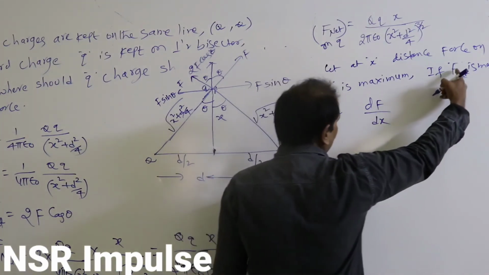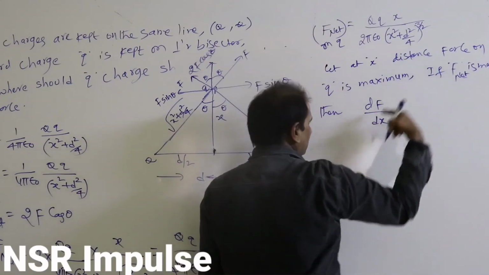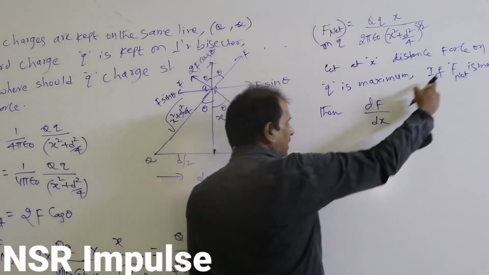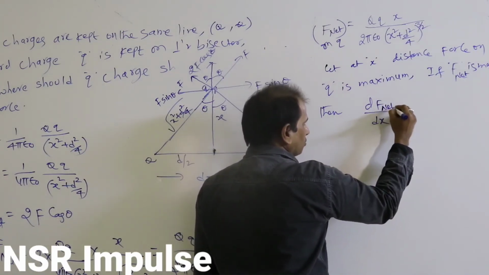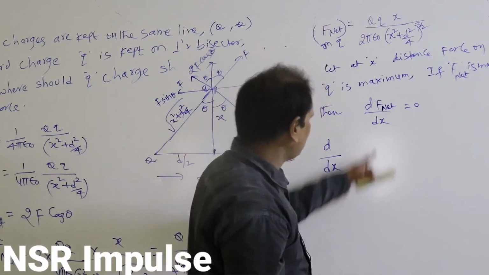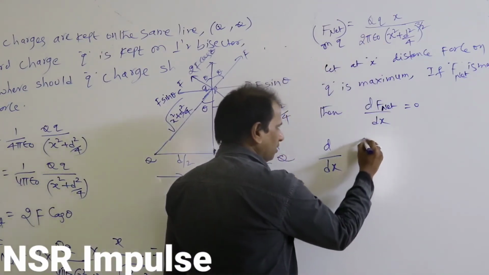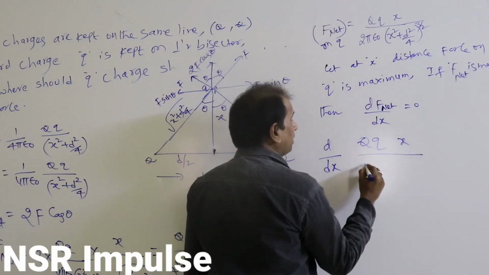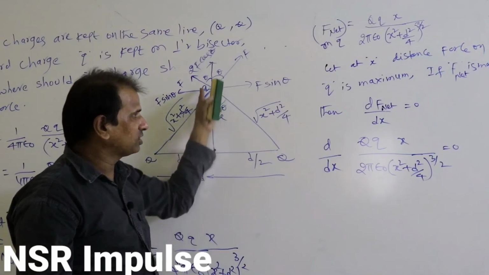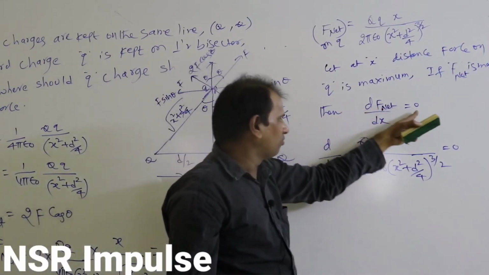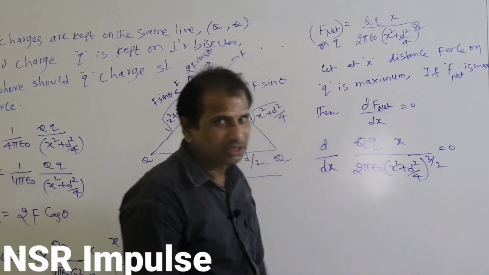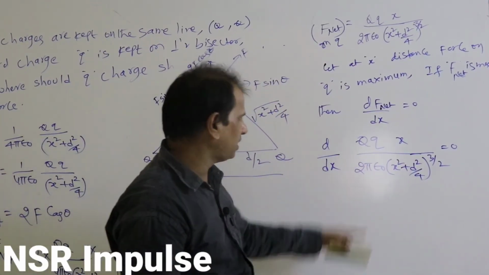According to differentiation, the differential of a maximum function becomes 0. So which is equal to 0. D by dx of F net, how much have we got? QQX by 2 pi epsilon. So when net force is maximum at a certain distance, at that distance the differential of net force will be 0.